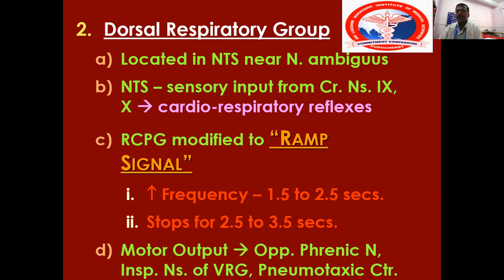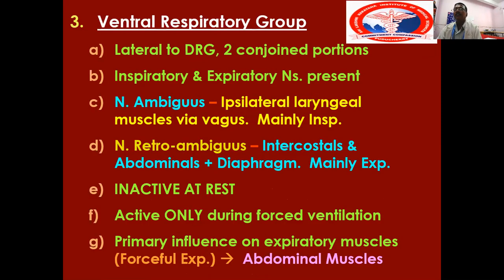Motor output goes to the inspiratory nerves of the VRG and the pneumotaxic centers. Okay, the ventral respiratory group is located lateral to the DRG, in two conjoined portions, and both inspiratory as well as expiratory neurons are present, located in the nucleus ambiguus.